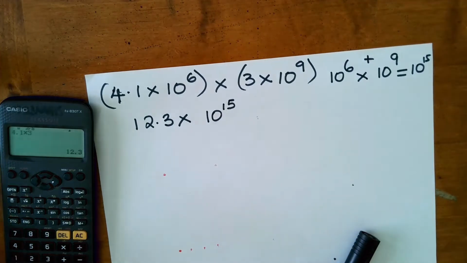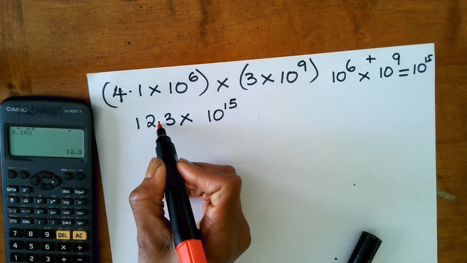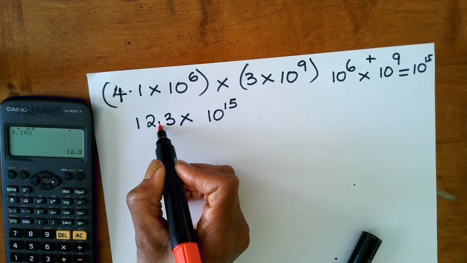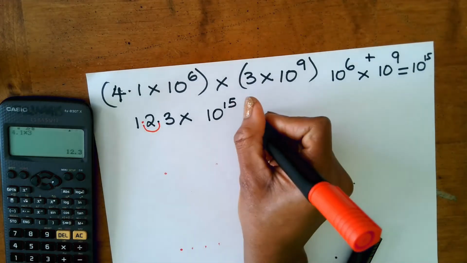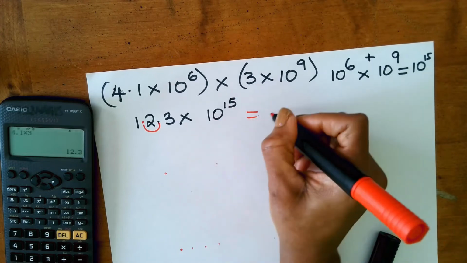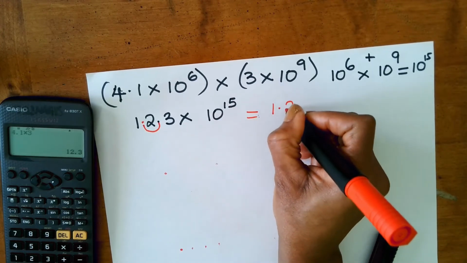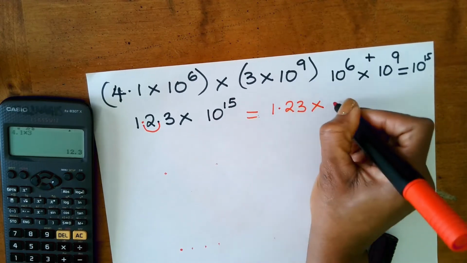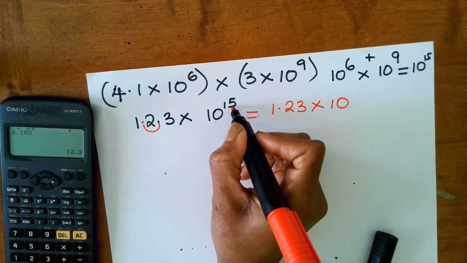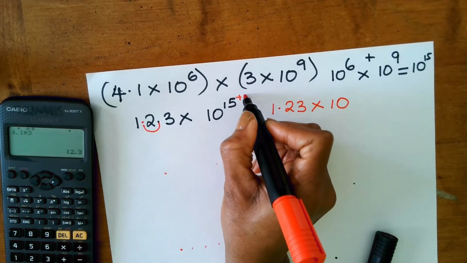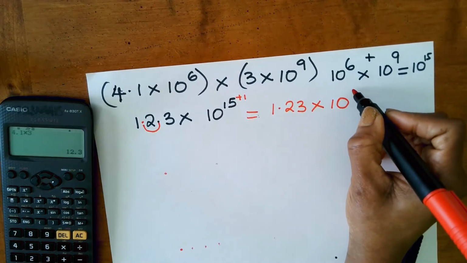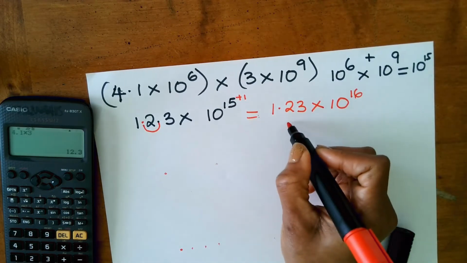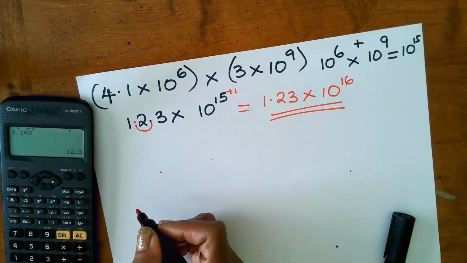So I'm going to move this decimal one space to the right, 1. So my answer is 1.23 multiplied by 10, not all raised to the power of 15, but plus the 1 that we moved. So plus 1 will give me 16. So this is our answer for this.